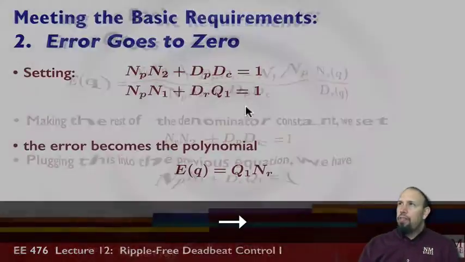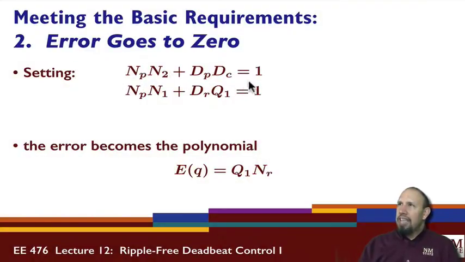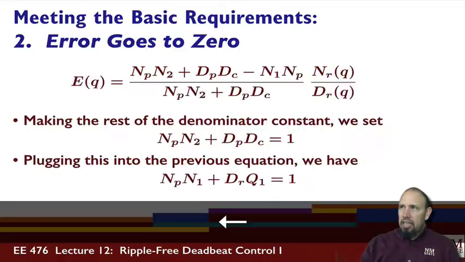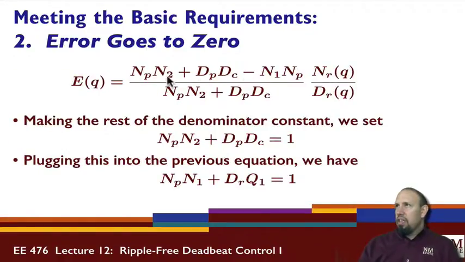So if we set these two things to be equal to 1, the error becomes this polynomial. That is, this becomes dr times q1. That's what the numerator becomes. This becomes 1, and so the dr is going to cancel.